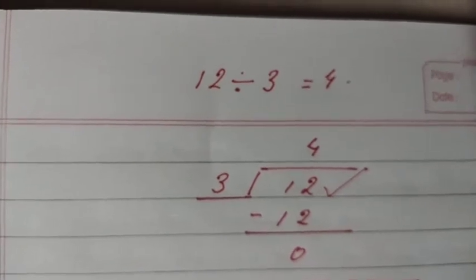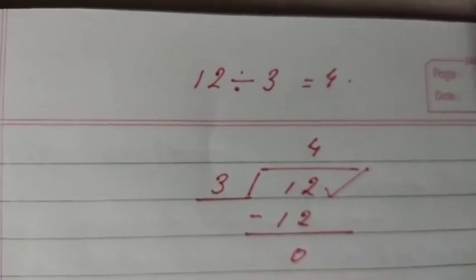Now the number that divides the dividend is called the divisor. For example, here it is 3. The divisor is 3. The number that divides the dividend is called the divisor.